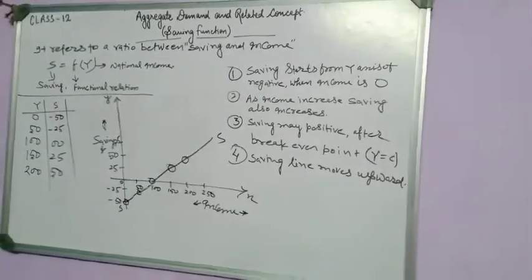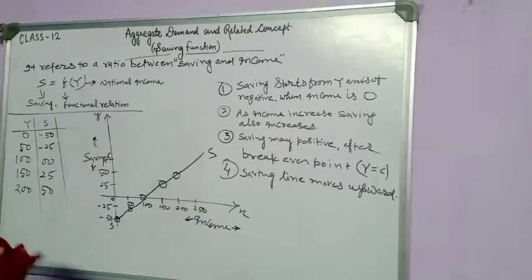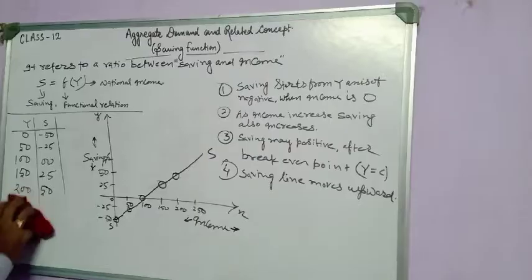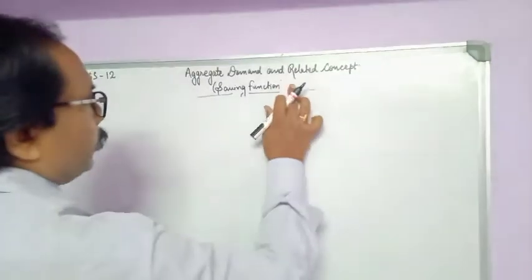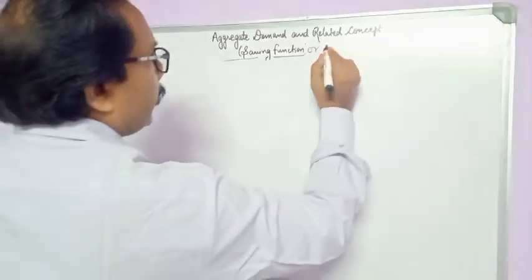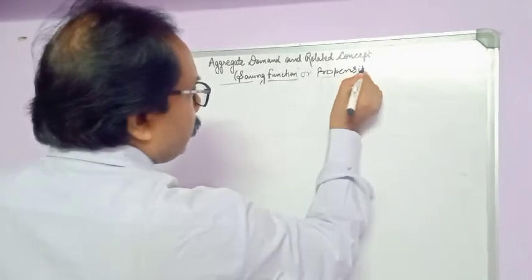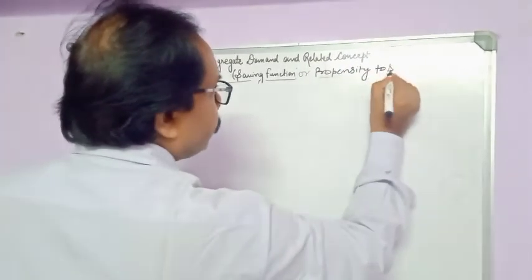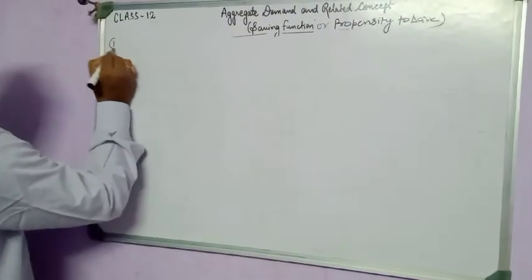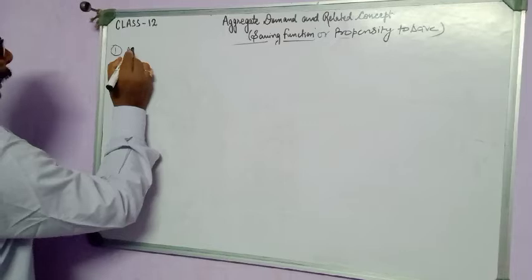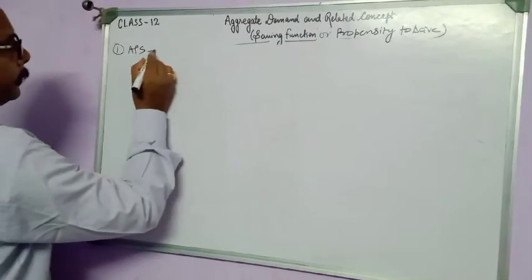Now we will discuss how many kinds of propensity to save there are. The saving function, or you can say the propensity to save, has two main components. One is known as APS, average propensity to save.